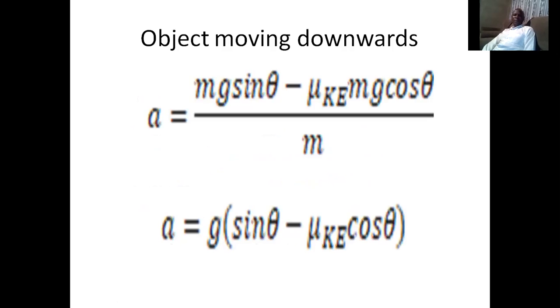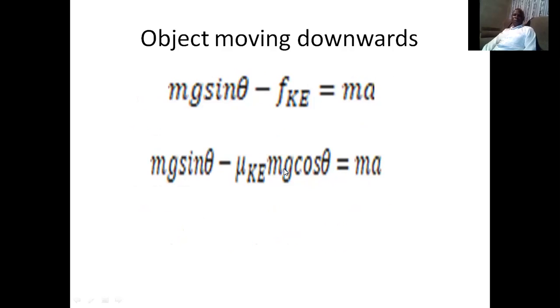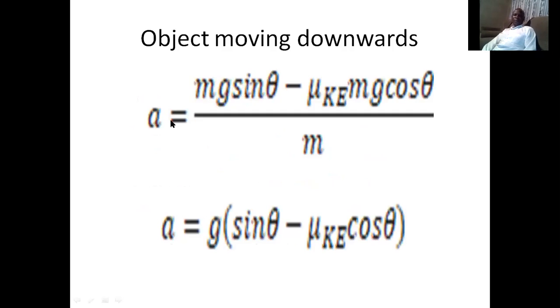To get the acceleration from this equation, we make acceleration the subject of the formula. Acceleration will be equal to what we have on top divided by the mass, so the mass cancels, and then you can factor out acceleration due to gravity.